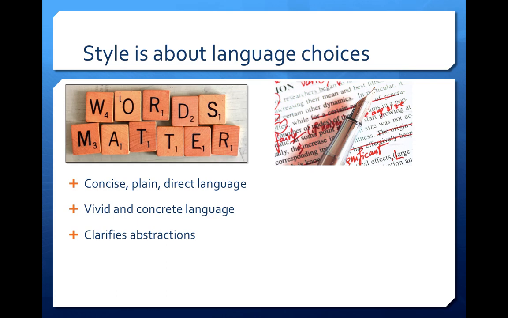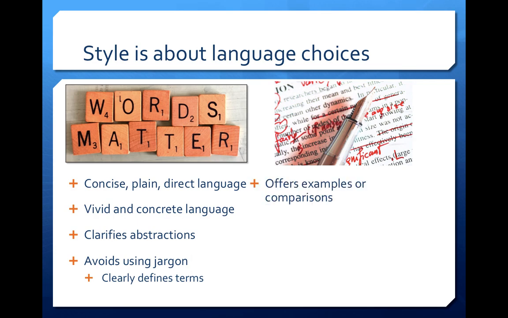An informative style, similarly, is going to avoid jargon or technical terms. And when it does use terms that are not well known, it's going to clearly define those terms. An informative style will offer examples of things. It will compare one thing with another to give us a frame of reference.